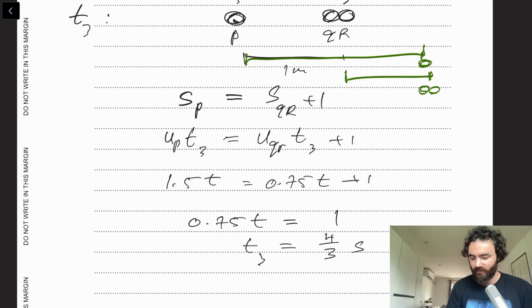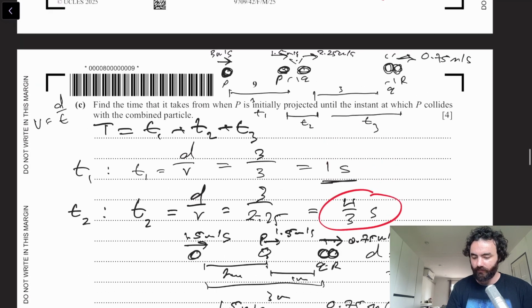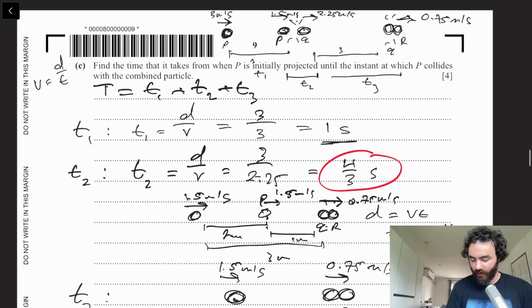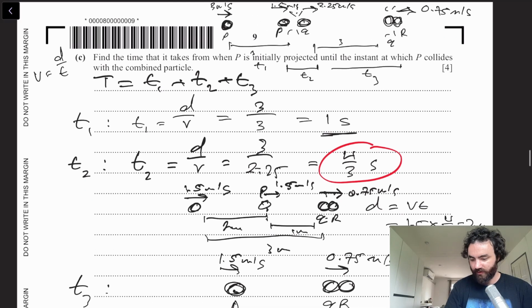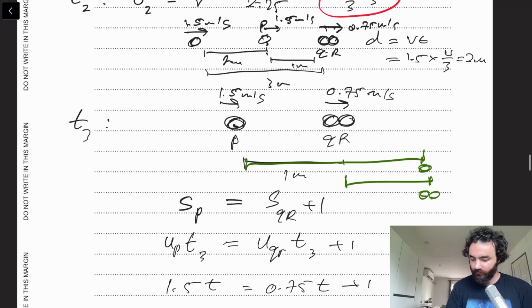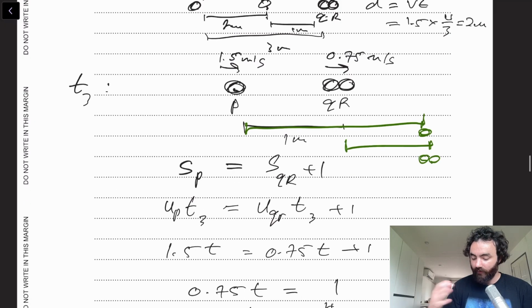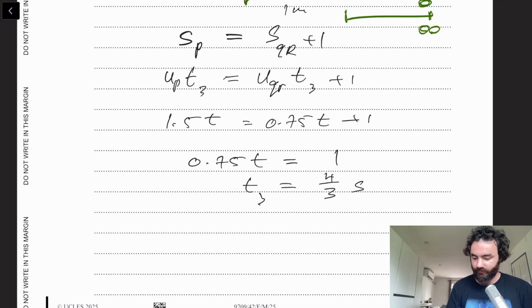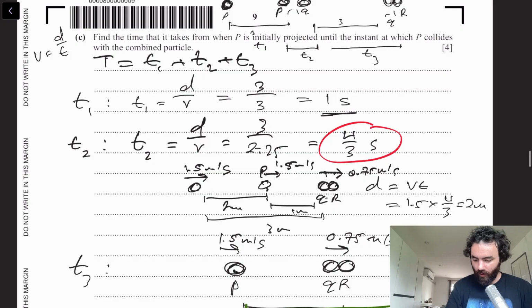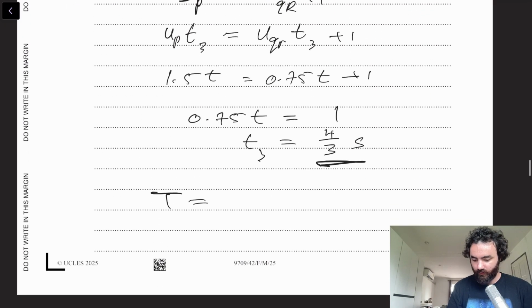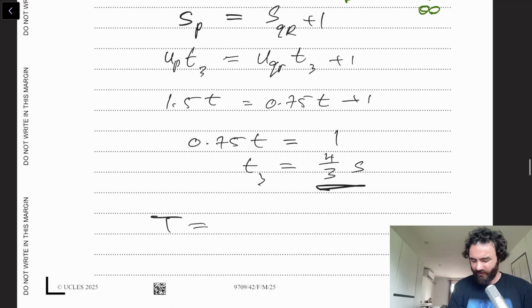So this T3 means, after P is at that point where these two things collided, how long does it take for P to collide with Q and R? Is this. So the total time will be 1 plus 4/3 plus 4/3, T1 plus T2 plus T3.